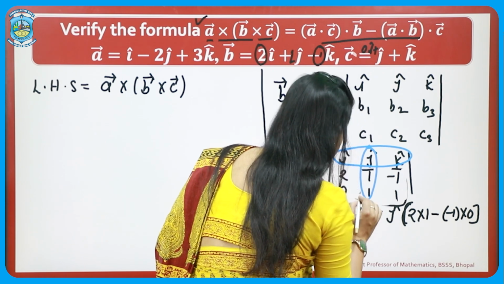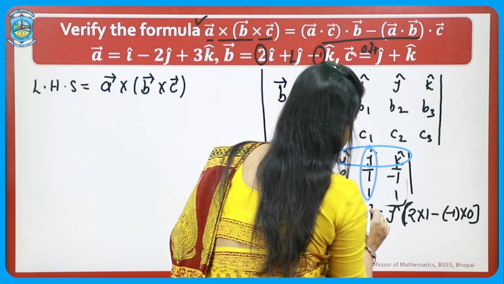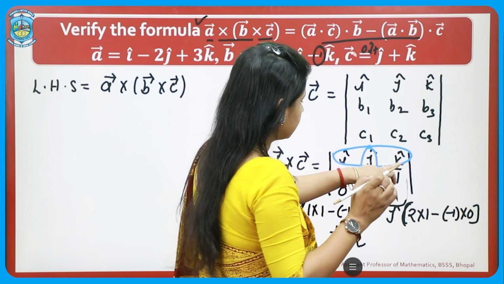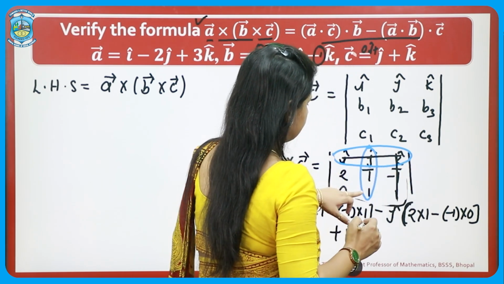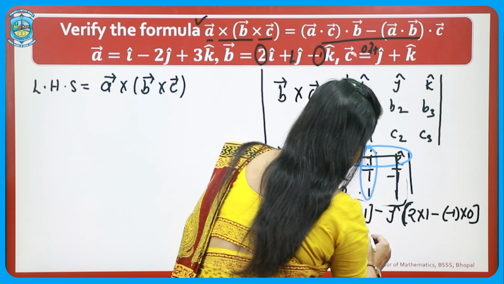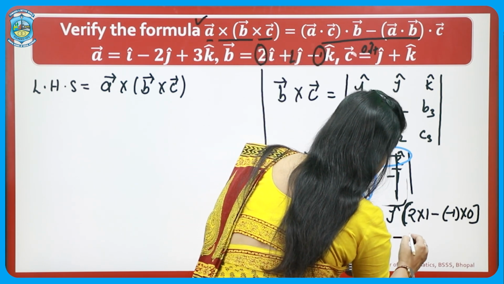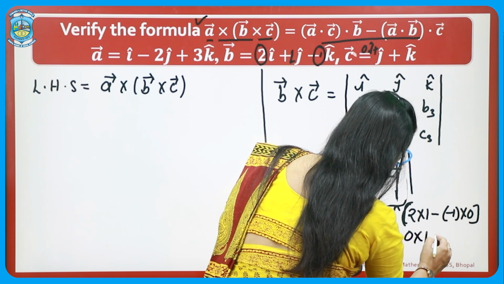Plus k cap. For this value, we will delete this row and take the determinant, that is 2 into 1 minus 0 into 1.